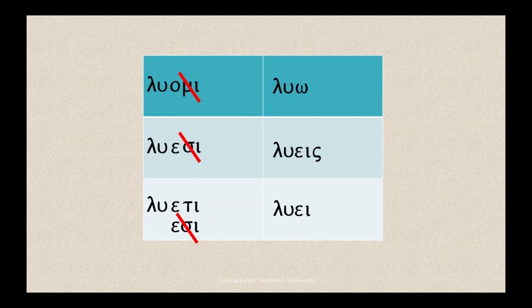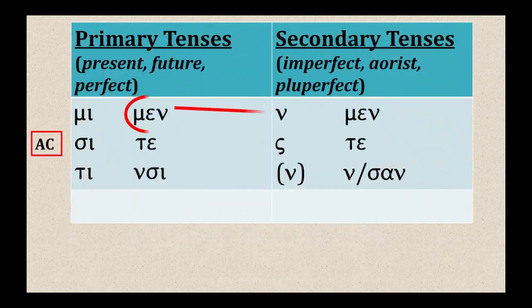You could discern that from context, whether it's second person or third person. But then they decided, for convenience's sake, to append a sigma on the end to distinguish between the two endings. So we can see all the endings started from primary tenses and got carried over to secondary tenses.